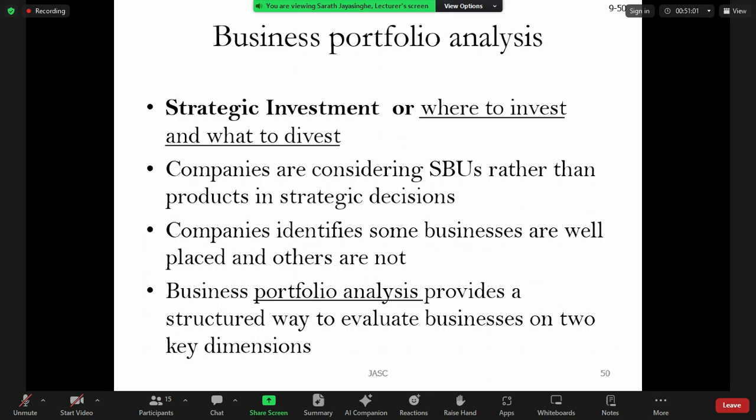Companies identify some businesses are well placed and others are not. Business portfolio analysis provides a structured way to evaluate businesses on two key dimensions. I think this is also familiar to you. Therefore, I try to go fast.